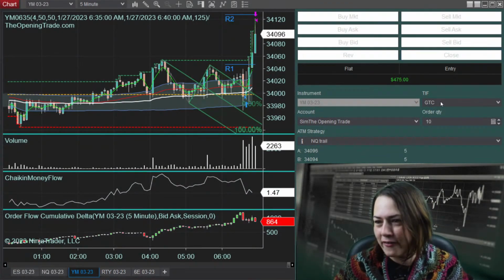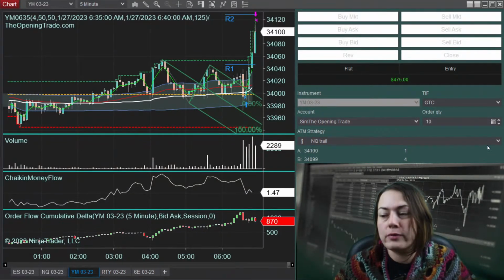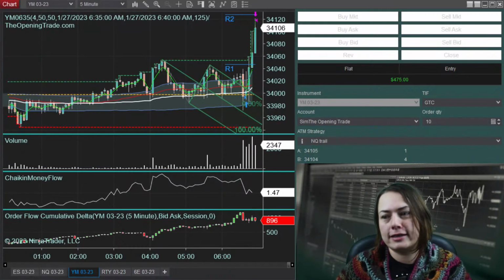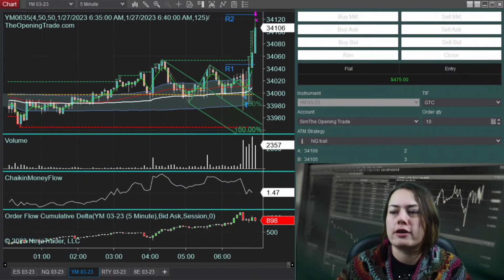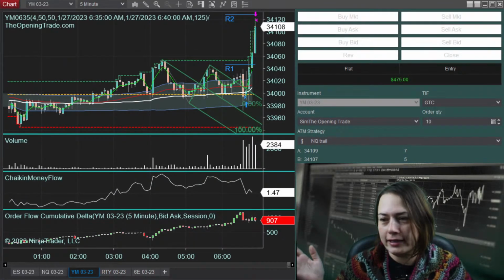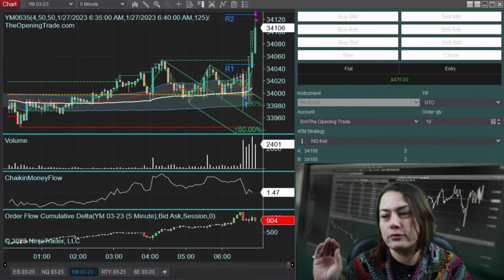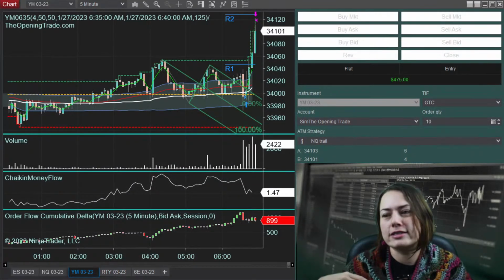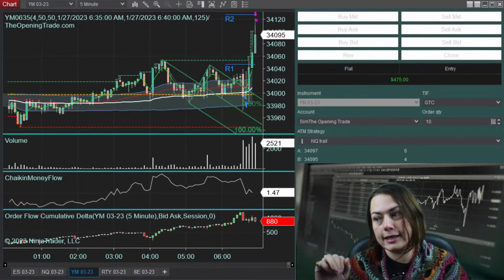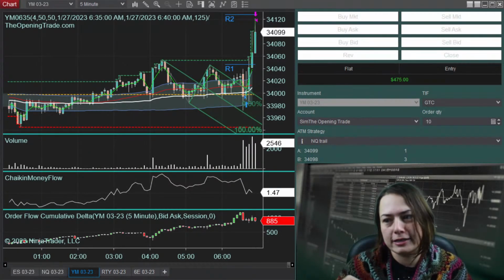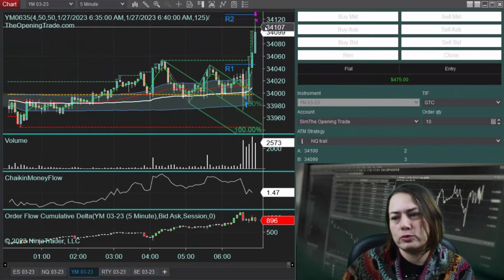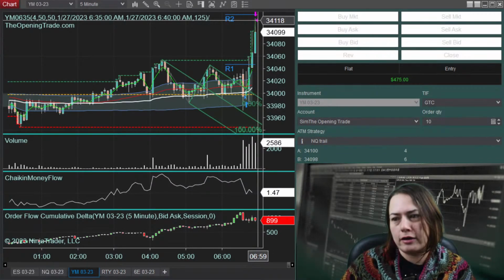All right, so we saw I was getting close to doing a manual close in case it did not hit there, because we were seeing some trouble. It was having some problem getting up there, so I was getting ready to hit close when it automatically did its trade on its own, which we're very grateful for.